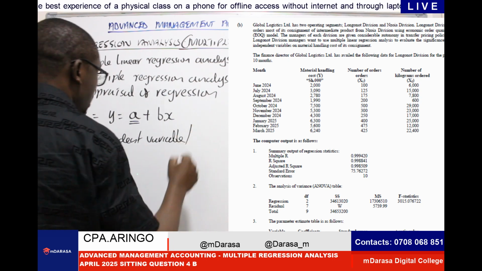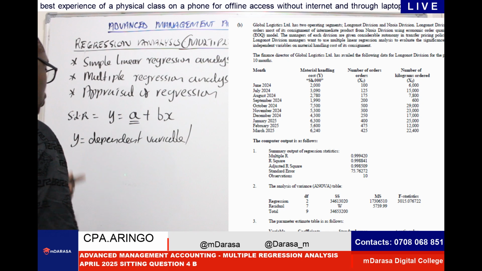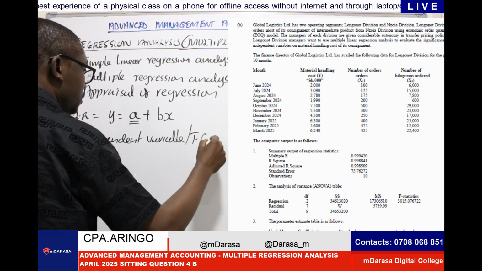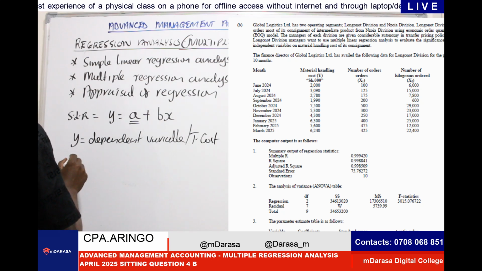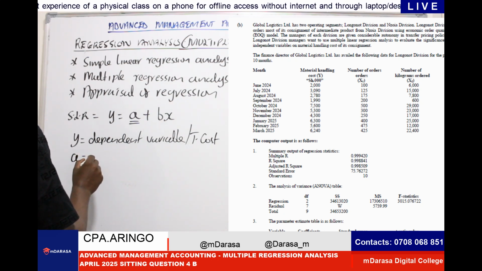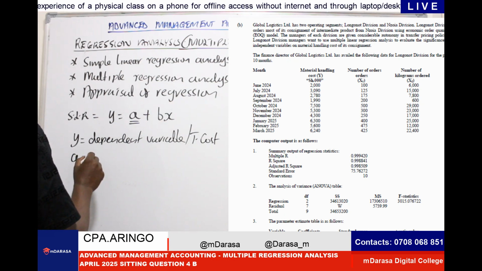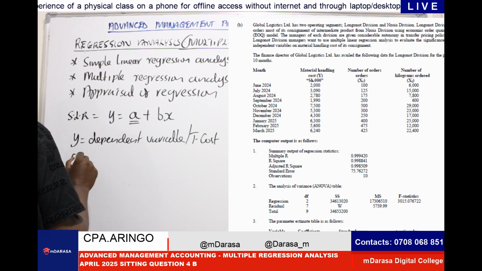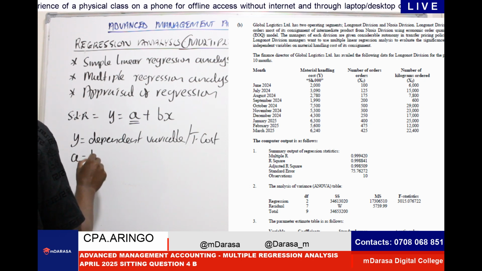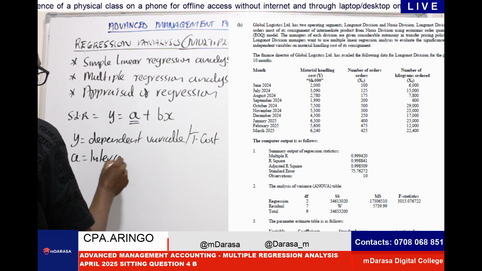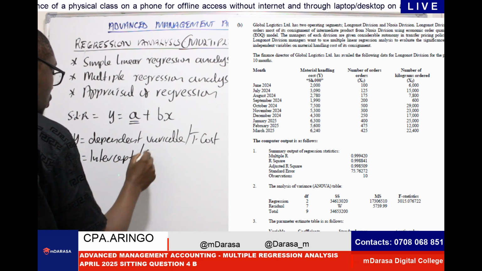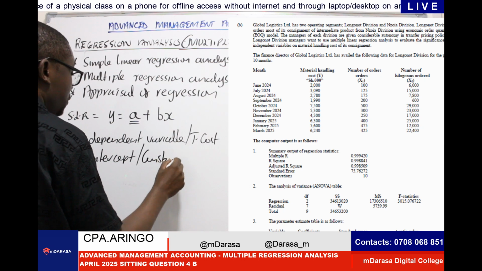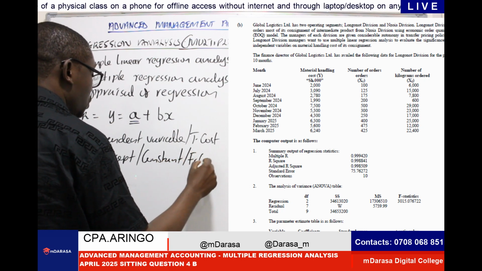Or simply, this is of course the total cost. We have A, which will always give us our constant, or many a times we normally refer to it as a part of our intercept. These are our intercept. These are constant, or simply refer to it as what? The fixed cost.